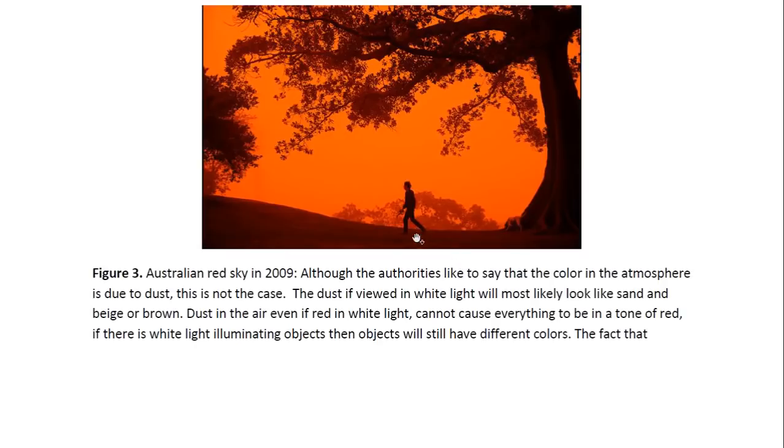You can clearly see these objects. There's not a lot of dust between us and this man, or between us and this tree. So it's not dust that can make things look red. It's the fact that the atmosphere is being illuminated only by red light.